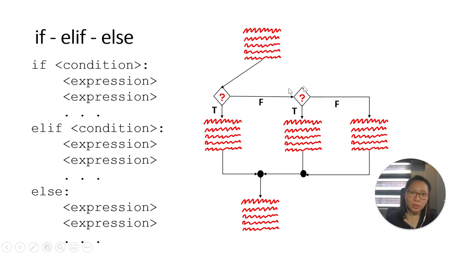Otherwise, if the answer to this is false, this code block is executed. Before this last code block gets executed, one of these three has to be executed first. So here the program chooses between one of these three.